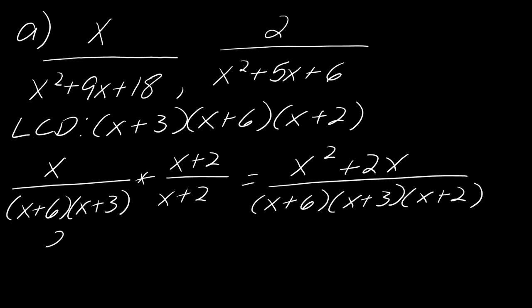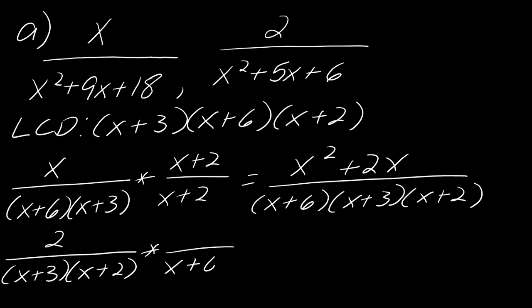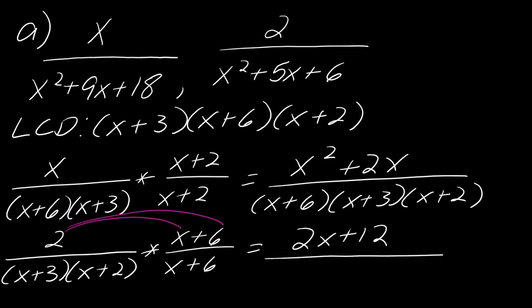Okay, and if we do the other one, again, I'll just write this factored out, so then I can see that this clearly needs to be multiplied by x plus 6 on top and on bottom. So I'm going to multiply out and distribute this 2 to both of these factors, so that this becomes 2x plus 12 and then all of this other stuff. It's a lot of writing.